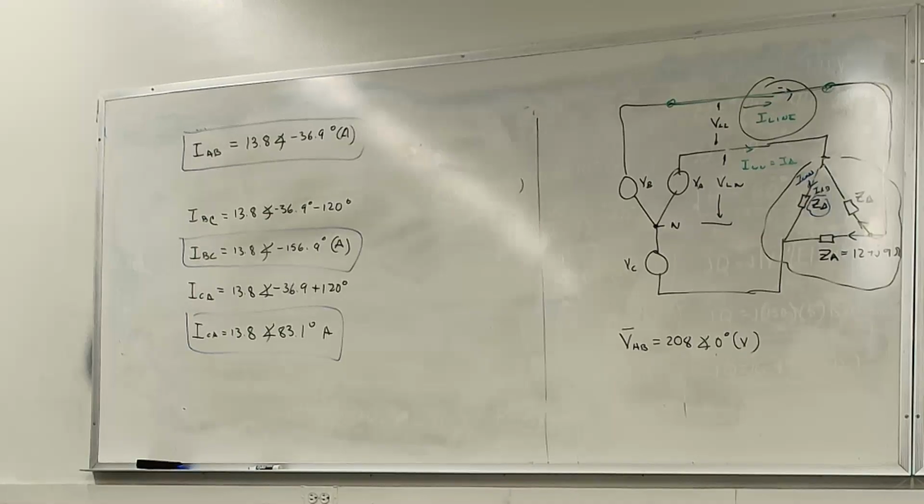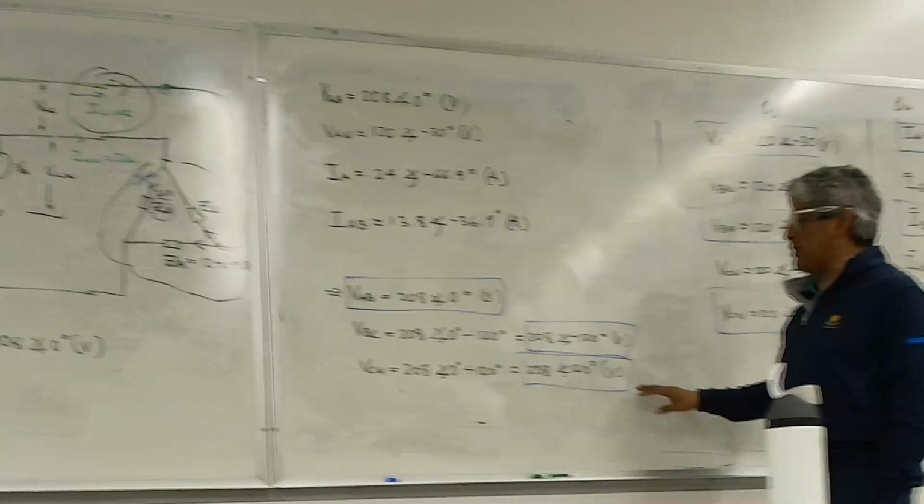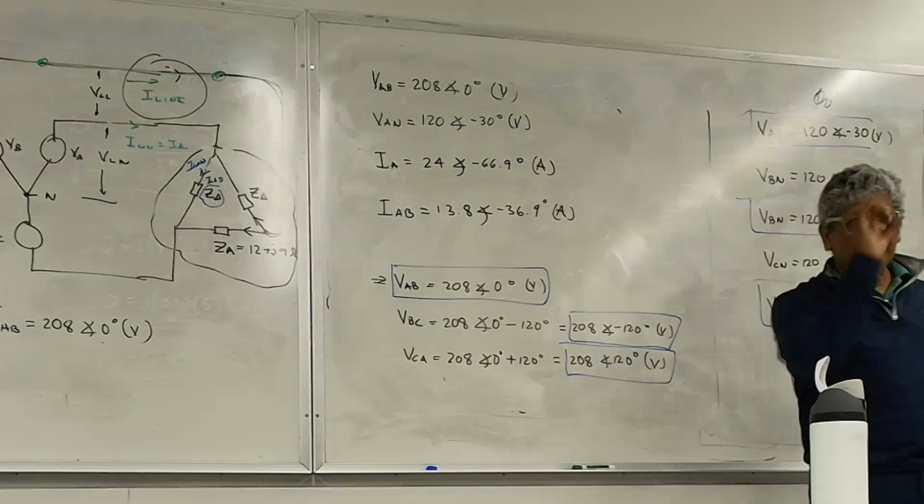Before I give my exam, I want to make sure that my answers are potentially right. One way to prove it to yourself is, if these phasors are right, if you add this voltage plus this voltage plus this voltage, you get something close to zero.